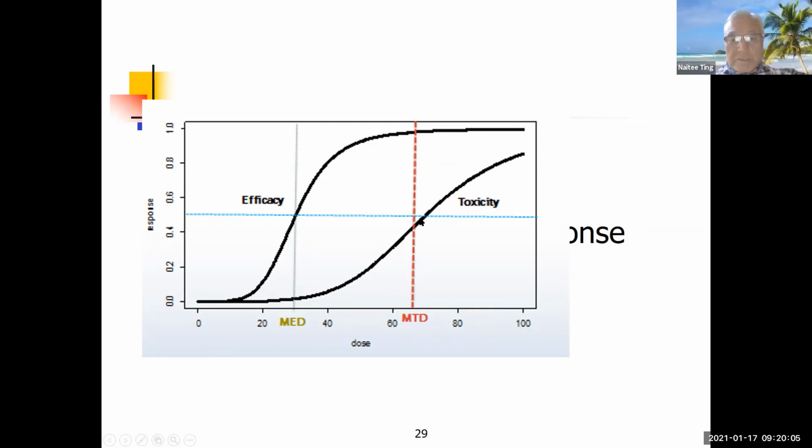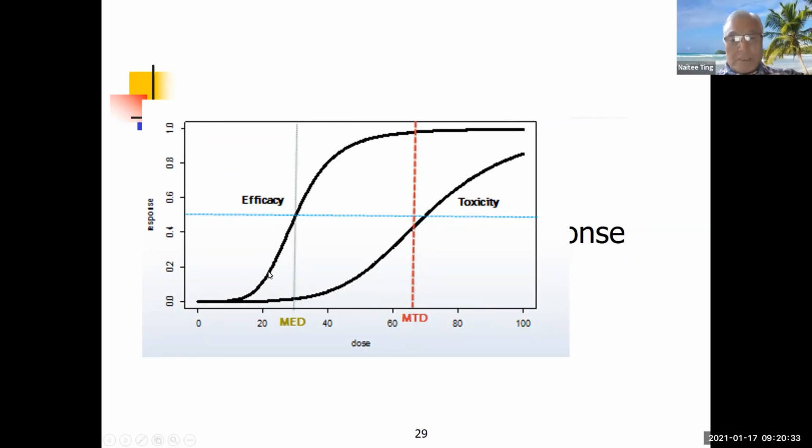If this horizontal line intersects the efficacy curve, that dose we call ED50, the dose that delivers 50% of efficacy. Capital E, capital D, and 50 being a subscript. In other words, you can do ED20 here, or ED80 here.